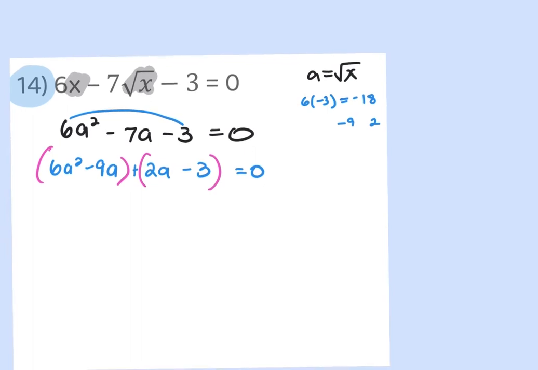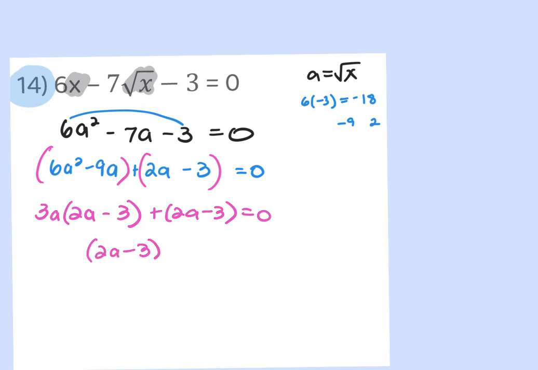So from the first set of parentheses, I could take out a 3a. Second set of parentheses already matches that. So my greatest common factor is 2a minus 3. And then I group together what's left, 3a plus 1.